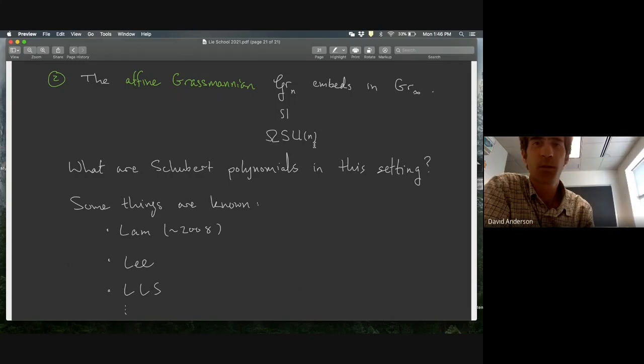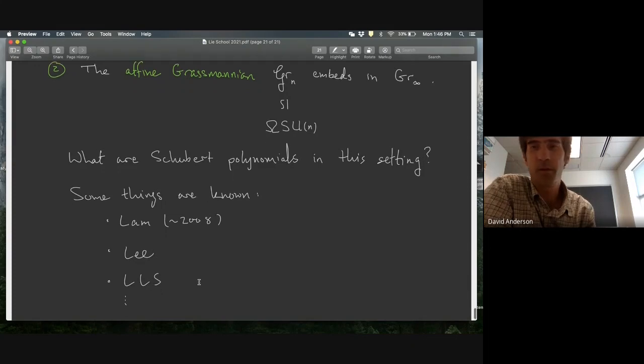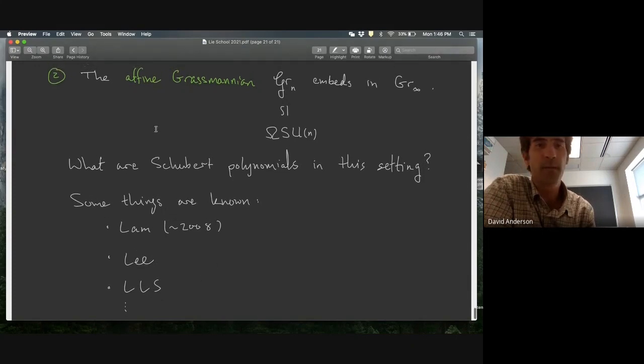It is homotopic to a loop space of SU(n). And you can ask, what are the Schubert polynomials for the affine Grassmannian? Thomas Lam started off this subject a dozen years ago or so, and Lee and all three of these guys have developed it, but there's definitely a lot more to do in this affine setting. It's somewhat harder, but very interesting.